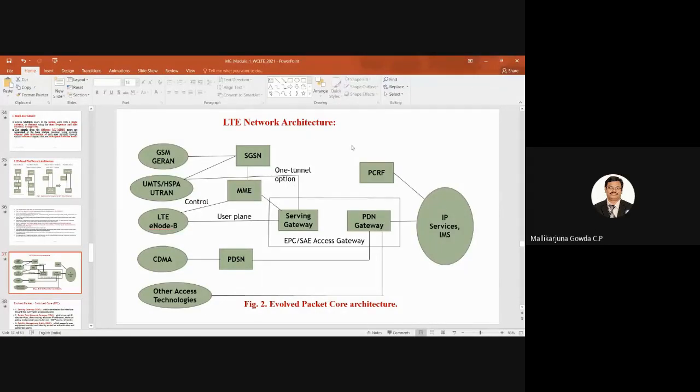Because it has evolved from 2G to 4G, the 2G network elements will also be there, 3G network elements will also be there. Then along with that, what are the 4G network elements? If you are able to get that, then it will be clear. Okay, Gautam told one network element. So others.